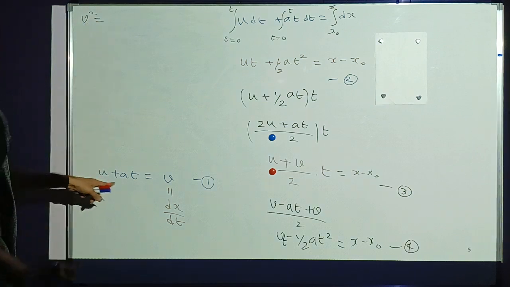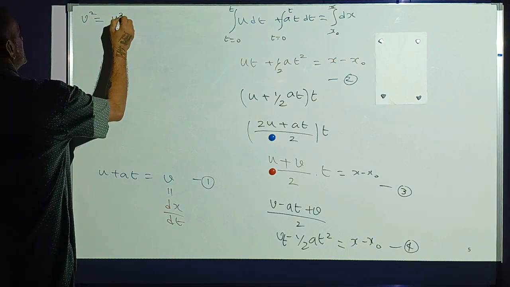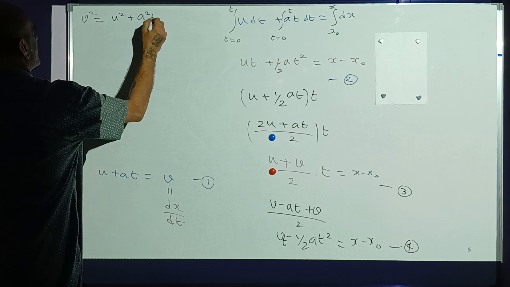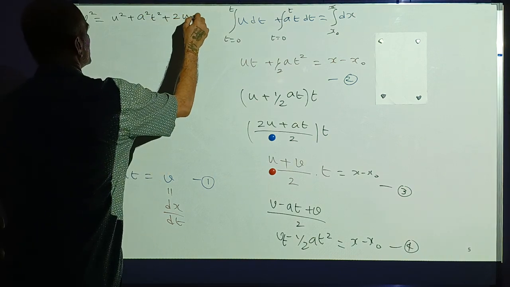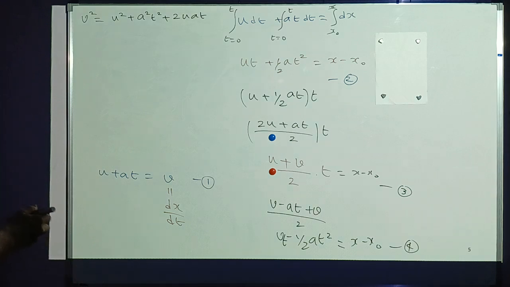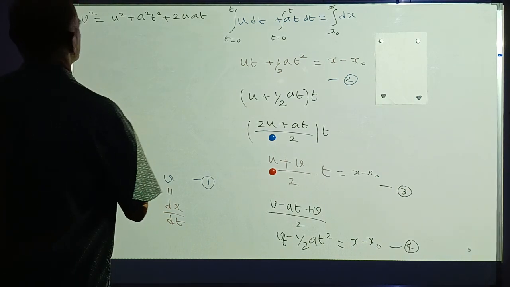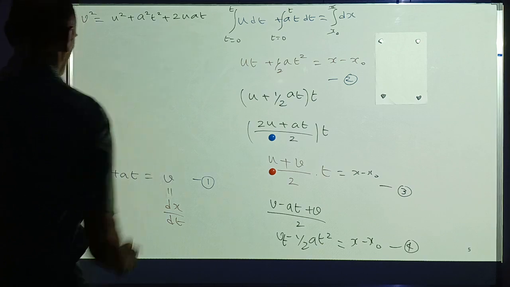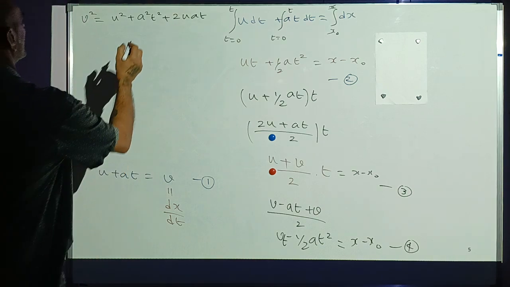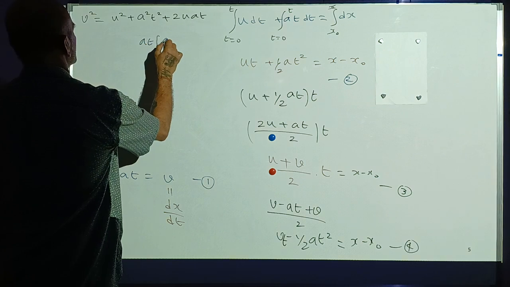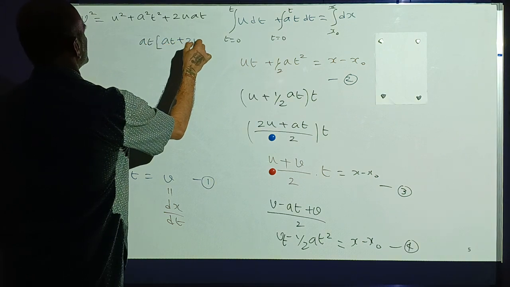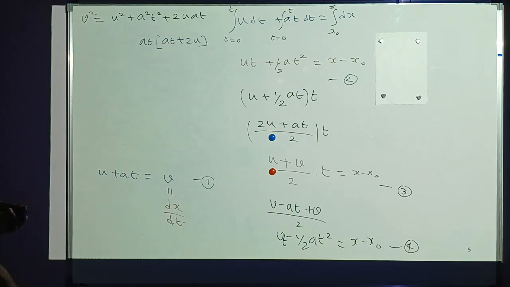I get v square equal to this square, that is u square plus a square t square plus 2uat. So here if I take at common outside, that will give me at plus 2u.